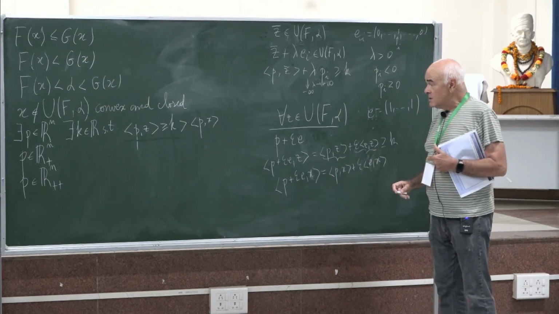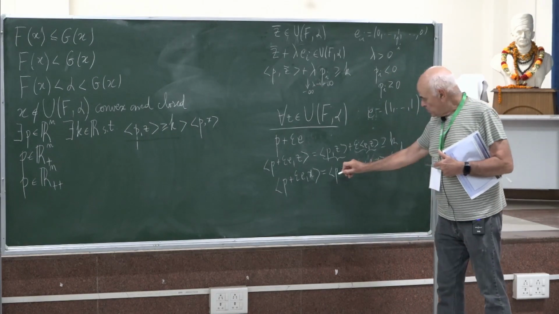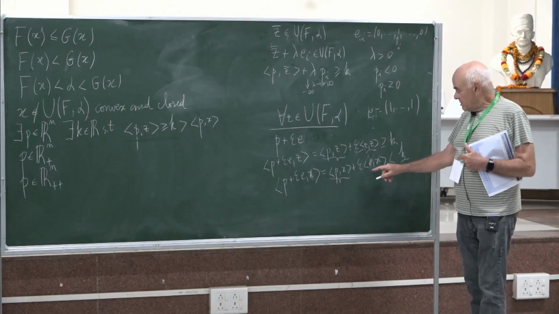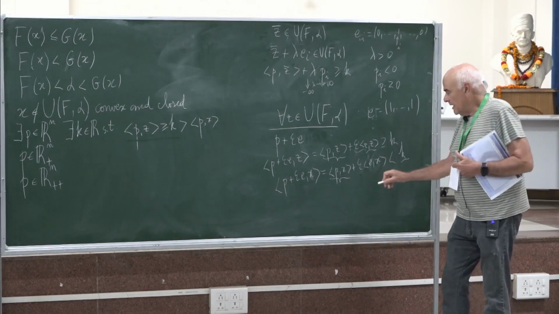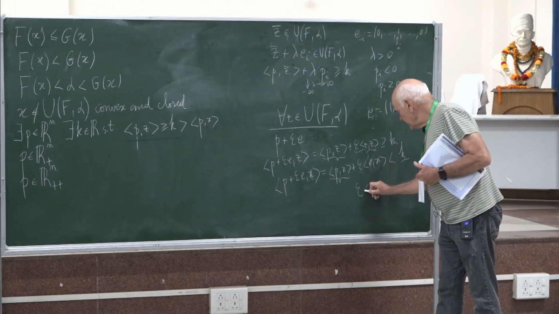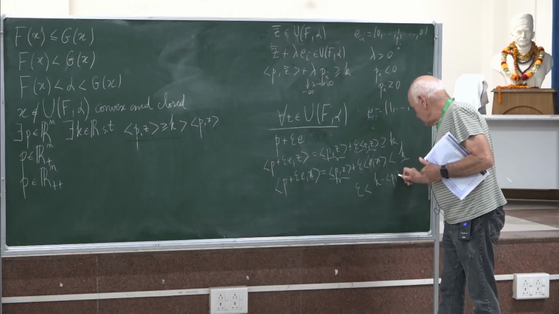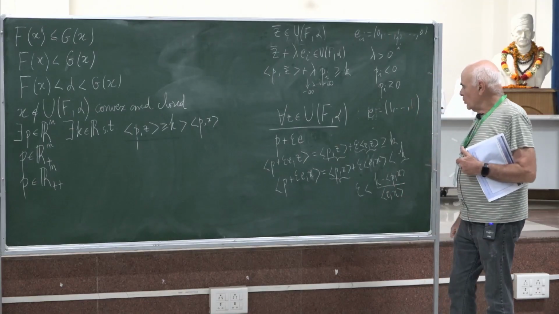And if I want it smaller than K, because Px is smaller than K, I can achieve this just by taking epsilon small enough, namely epsilon smaller than (K minus Px) divided by Ex, which is positive.